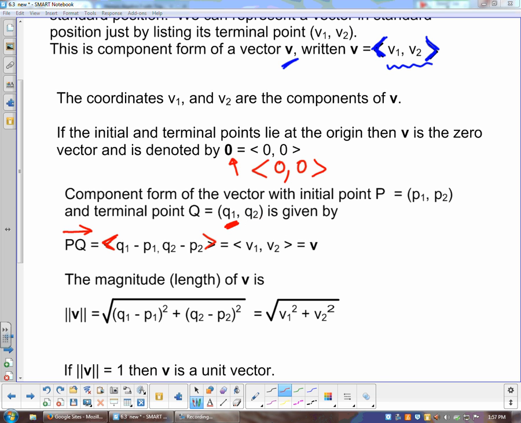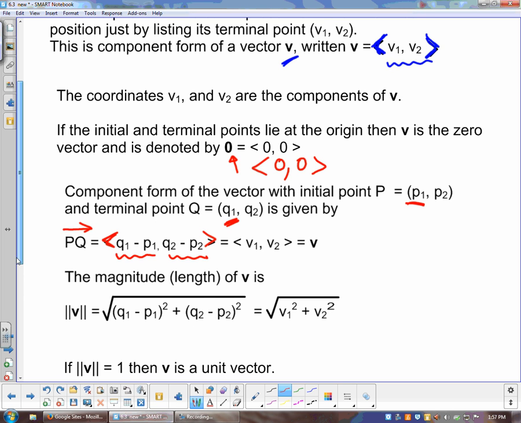Always take the terminal minus the initial, so Q1 minus P1, and then the difference in your y's, Q2 minus P2. And that's going to be your vector in component form.